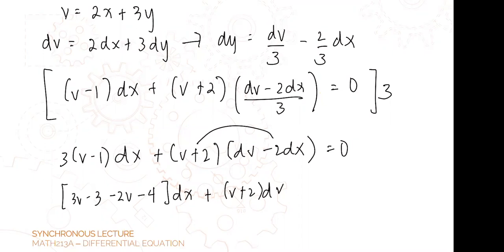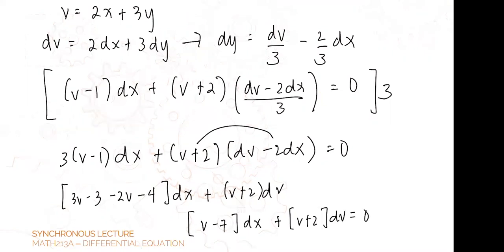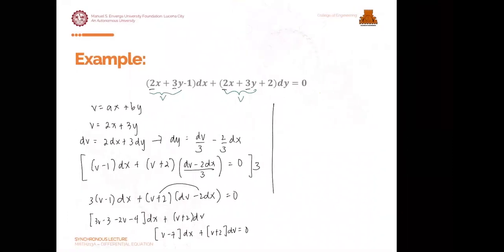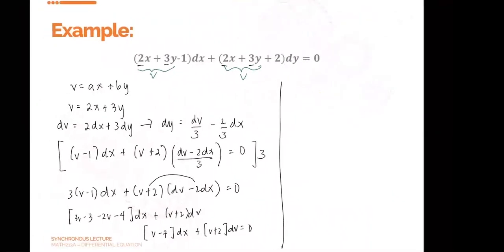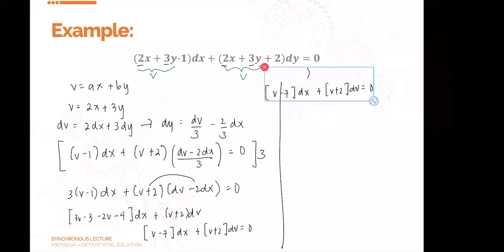Okay? Simplify. We have v minus 7 dx plus v plus 2 dv is equals to 0. So, separable na equation na yon.